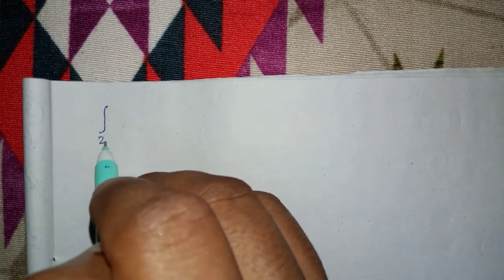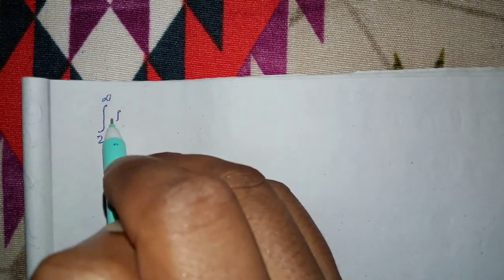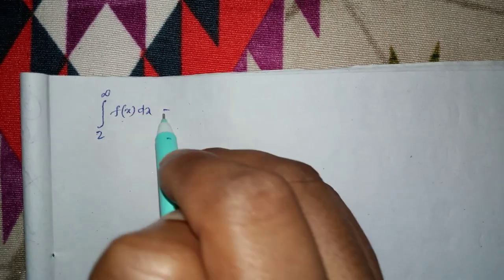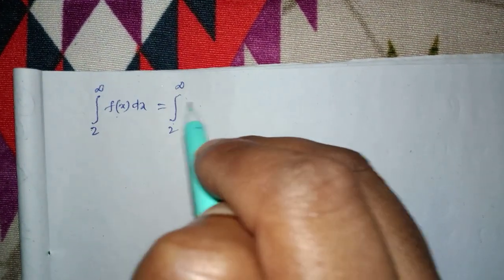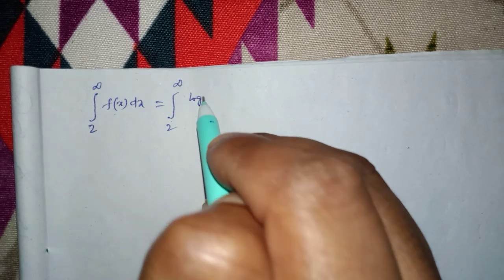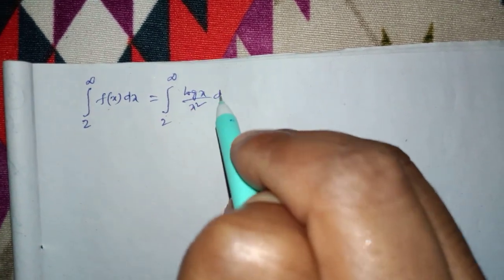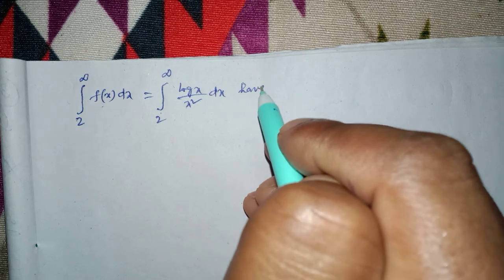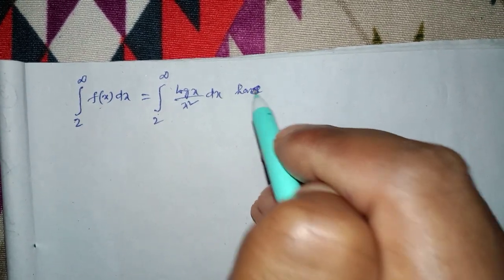And option C. Before we check option C, now integral 2 to infinity f of x dx, that is integration 2 to infinity log x by x square dx, has finite value.